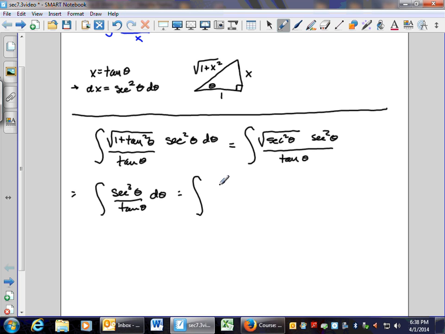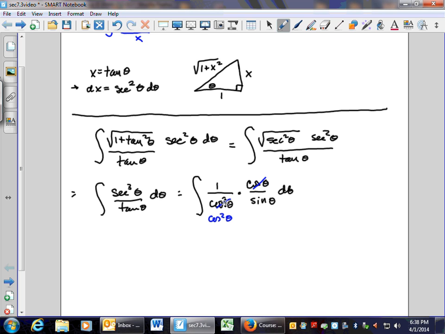Now the secant is 1 over the cosine, so the secant cubed is 1 over the cosine cubed. And remember, the tangent is the sine over the cosine, so when we divide by the tangent, when we divide by the sine over the cosine, that's the same as multiplying by the cosine of theta over the sine of theta. Okay, and then this cosine will cancel, leaving us with cosine squared here.